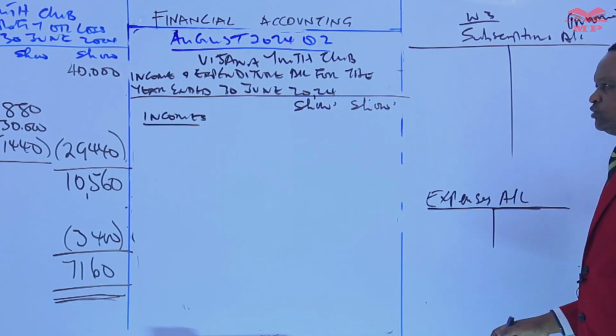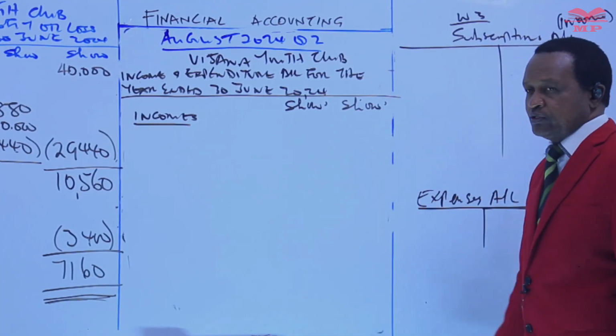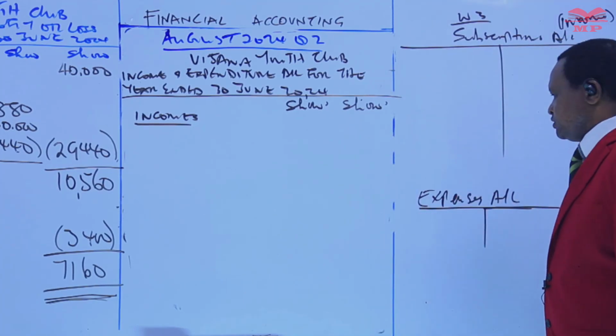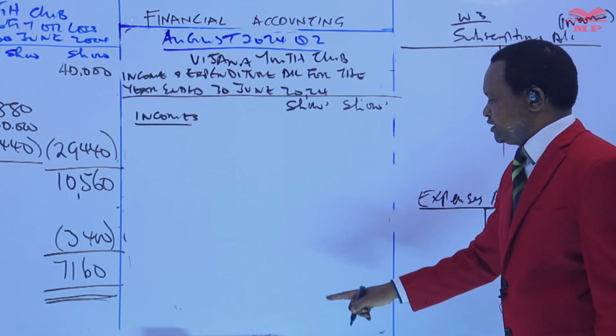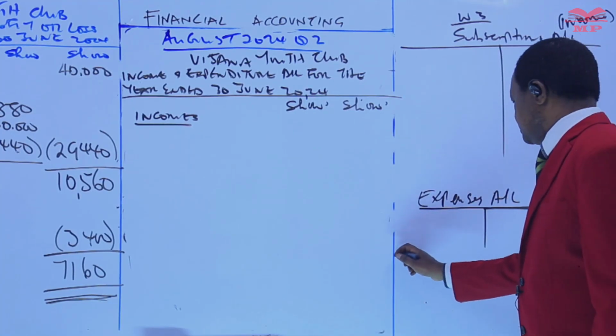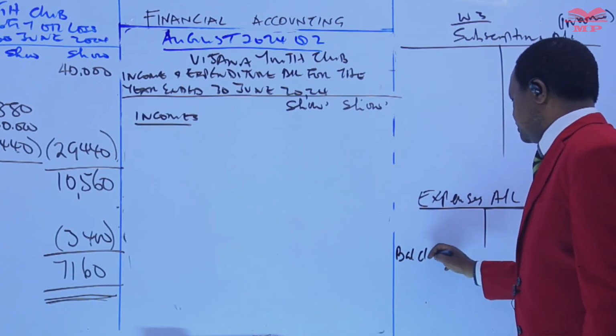And candidates, you recall when we prepare the wages account, which is an expense account, we had the unpaid, accrued at the end. What happened? We debited here at the end, balance carried down.